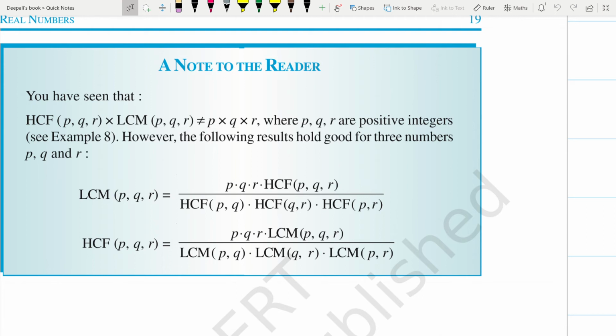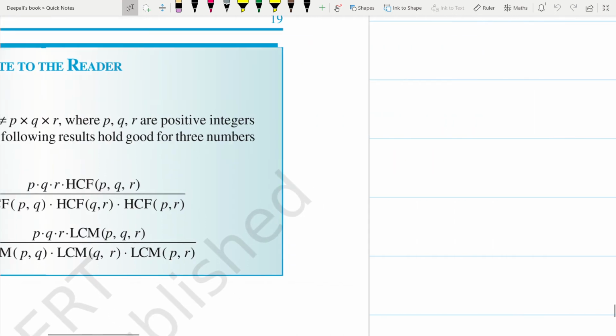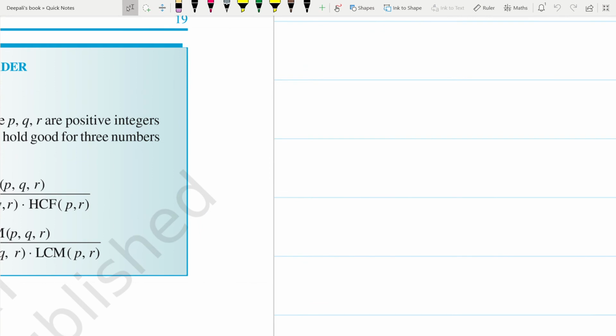So, you will first find the HCF of two numbers, then the second two numbers, and then the last two numbers. We take an example, say the three numbers are 96, 404, and 24.